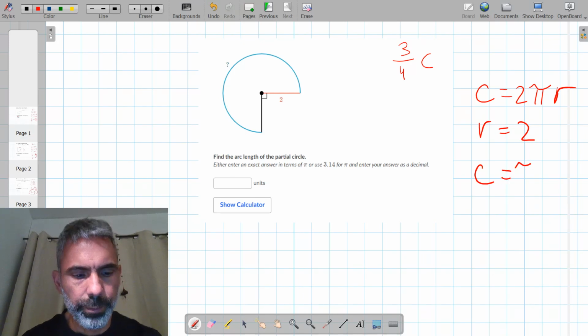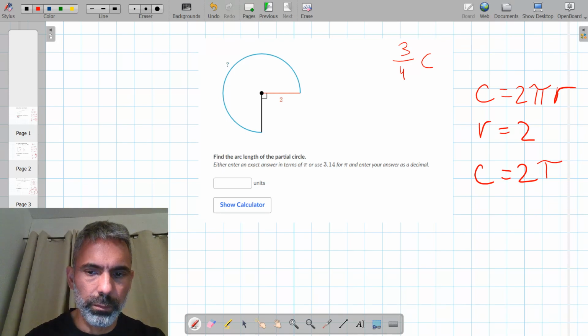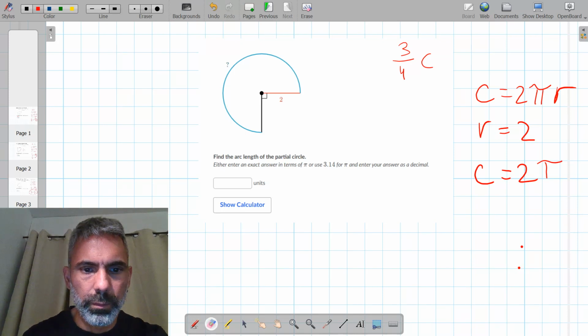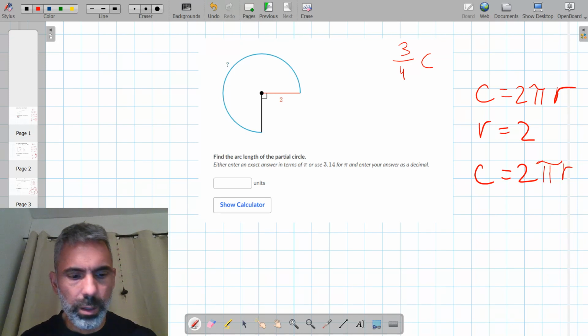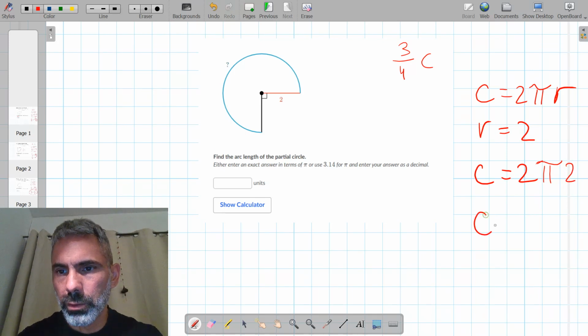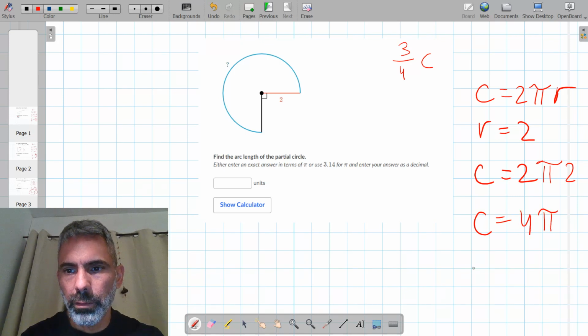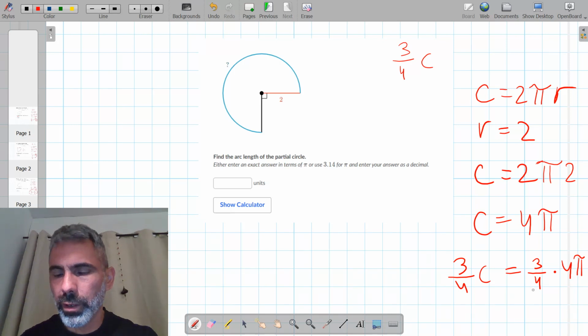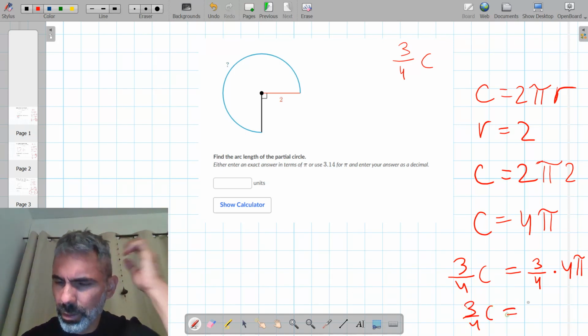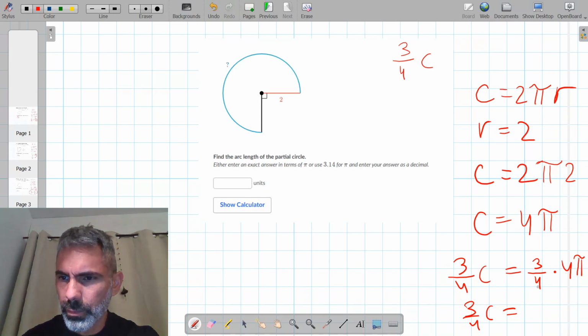So 2 pi times 2, I plugged in 2 instead of r, so the full circumference is 4 pi, and we need 3/4 of the circumference, so 3/4 times 4 pi. 3 times 4 is 12, 12 divided by 4 is 3, so 3/4 of the circumference is 3 pi.